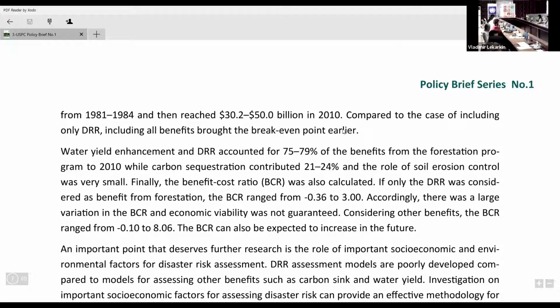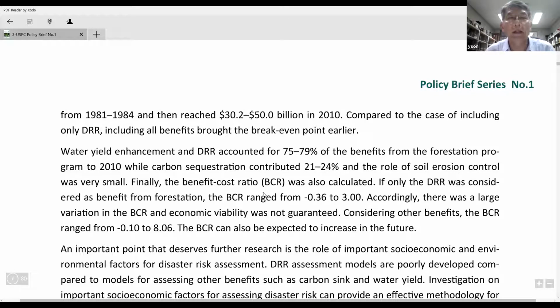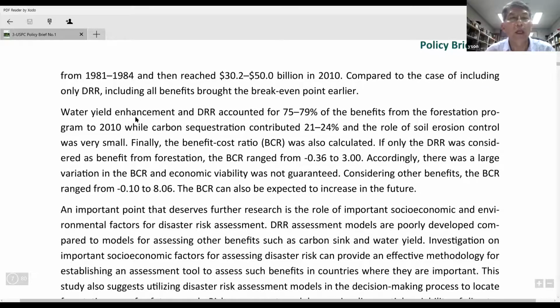Okay, good, good. And next, water yield enhancement and DRR accounted for 75 to 79% of benefit from the reforestation program to 2010. In other words, the benefits would have high proportion in water yield enhancement and DRR.